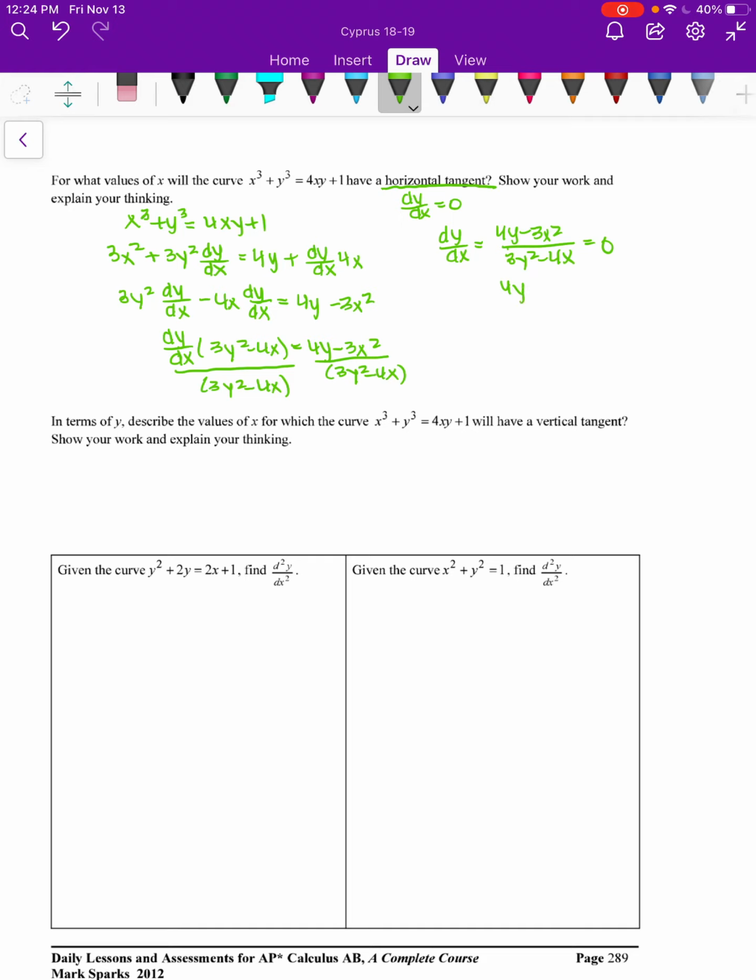So really this is the same as 4y minus 3x squared is equal to 0. And then we're solving for x. Okay, so I'm going to get x by itself here. So 4y equals 3x squared.